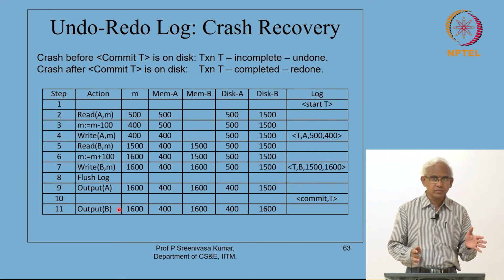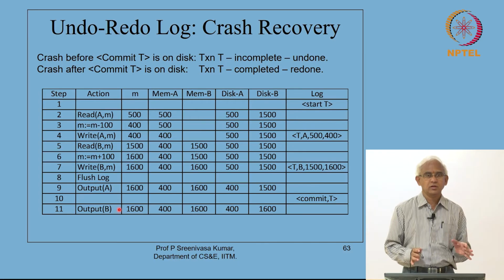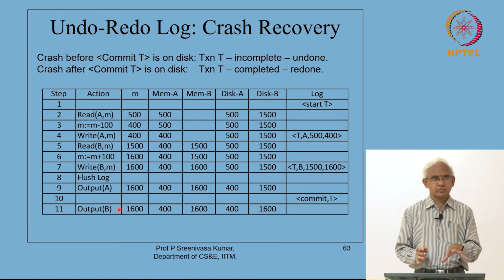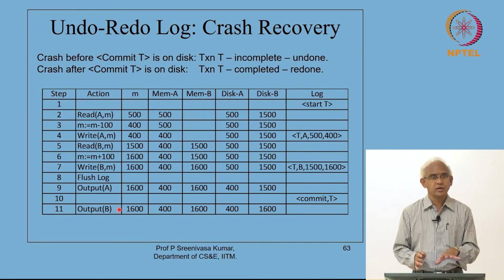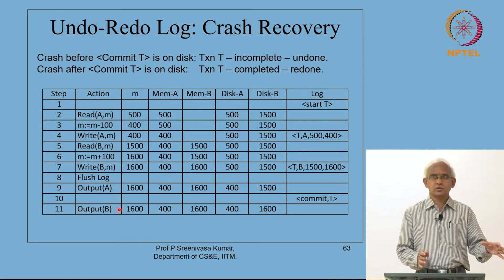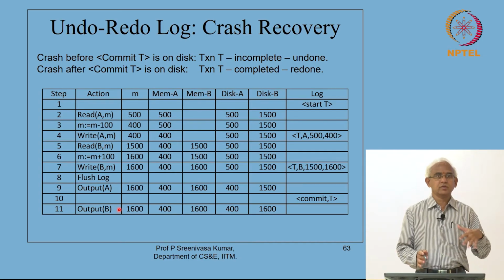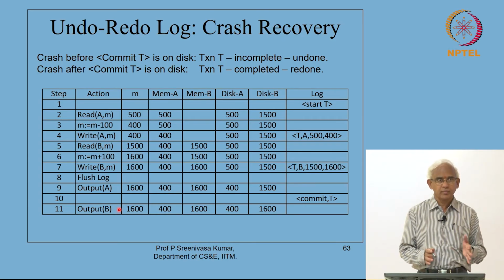So we have to combine these two things. We are right now talking only in terms of error recovery, but we have already discussed the issues with respect to conflict serializability. So conflict serializable schedules are actually happening in the system, because all the transactions are following the two-phase locking protocol, and so interleaving is happening.